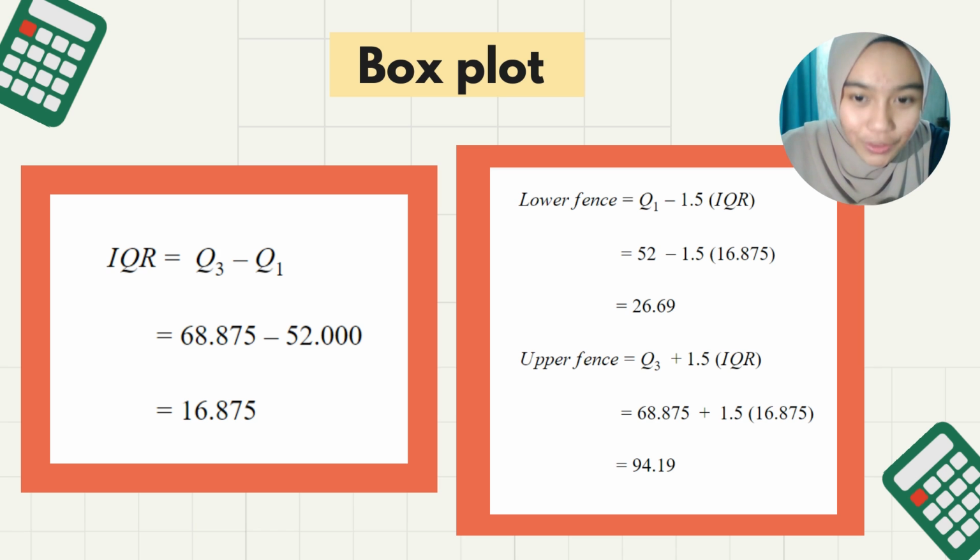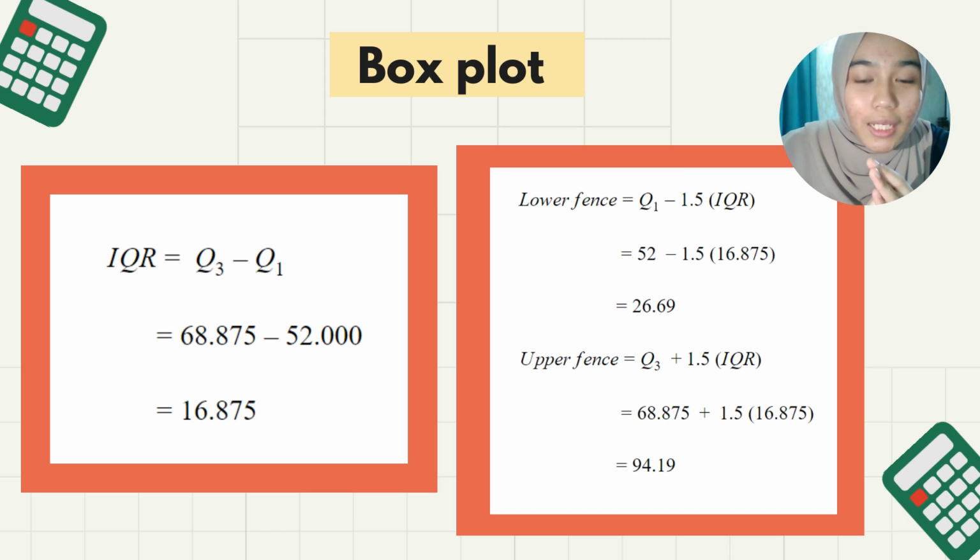Thank you, Firdaus. So I will continue with the box plot part. The box plot is used to describe the shape of the data distribution and to detect the outliers. To construct the box plot, we need to calculate Q1, median, and Q3.